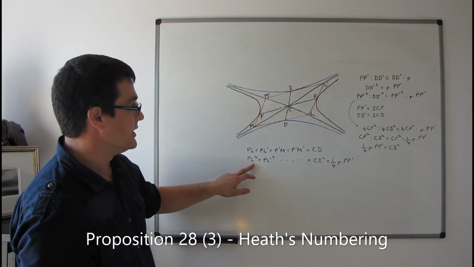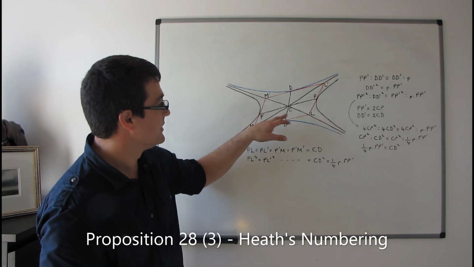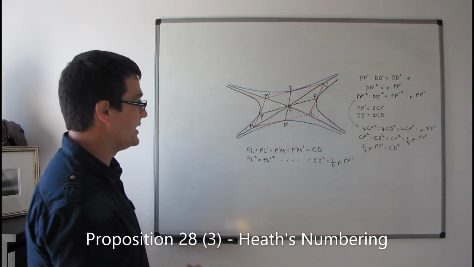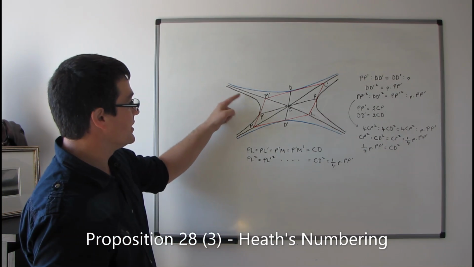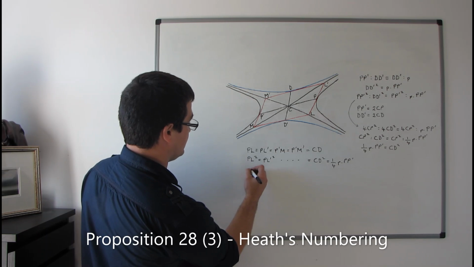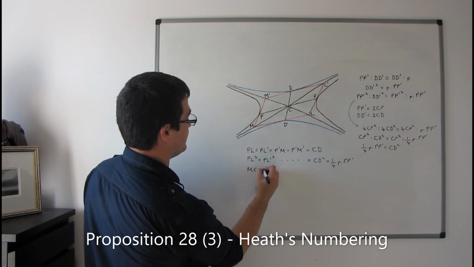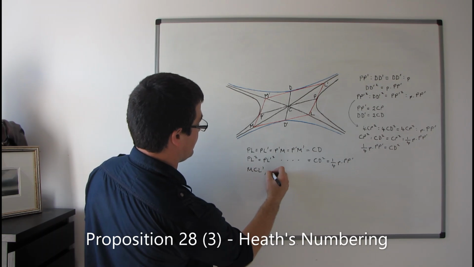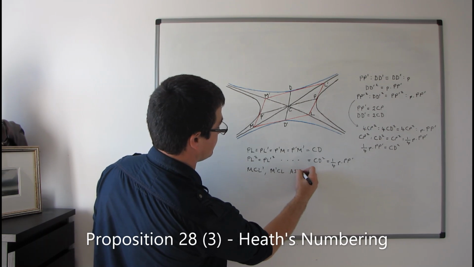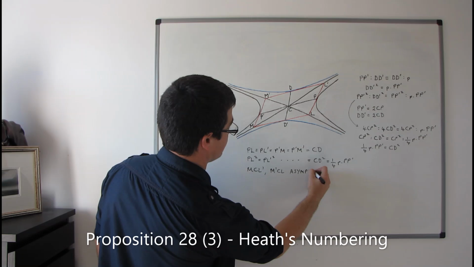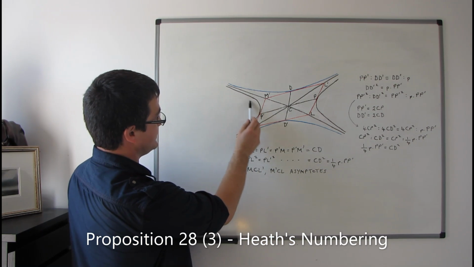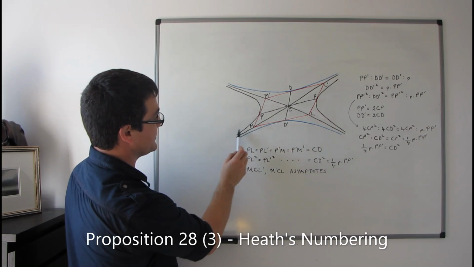Therefore, CL, LCM primed and MCL primed are asymptotes to the original hyperbola. Okay, so MCL primed and M primed CL are asymptotes to this hyperbola here.